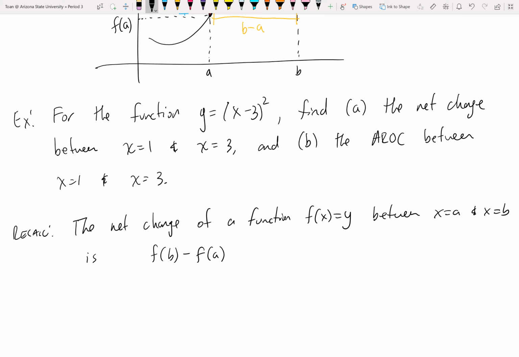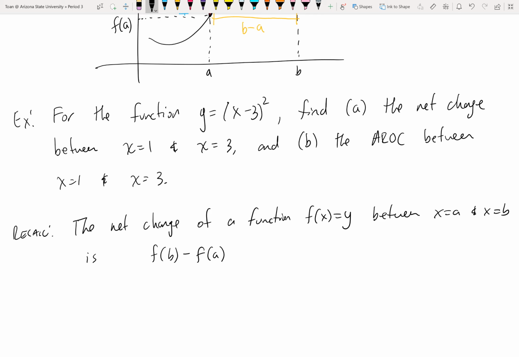Right. So that's the formula to find net change of a function between 2 points. It's the y value at the later x minus the y value of the former x. That's a suspicious looking formula. F of b minus f of a.